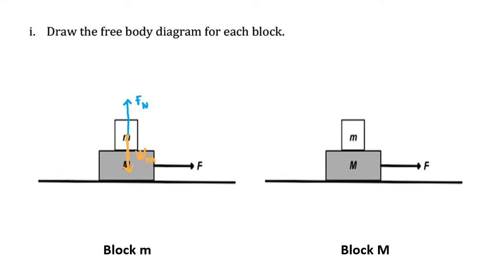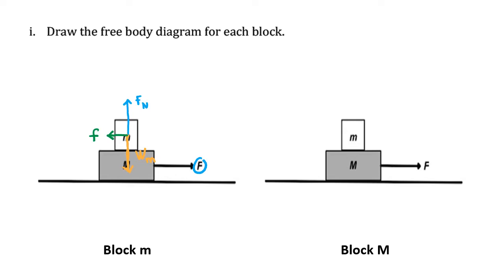Now, as the bigger block is being pulled towards the right, then the smaller block has the tendency to move towards the right, but as it does, friction between the surfaces of the bigger block and the smaller block would take place, and that friction is opposite to the possible motion of the smaller block, so it would be directed here, and we would call that friction.